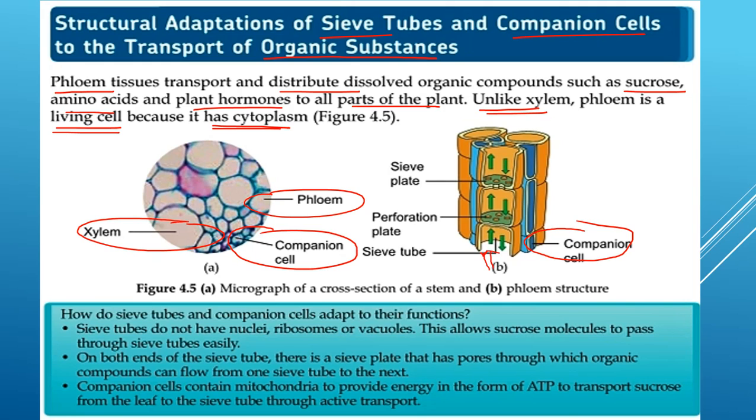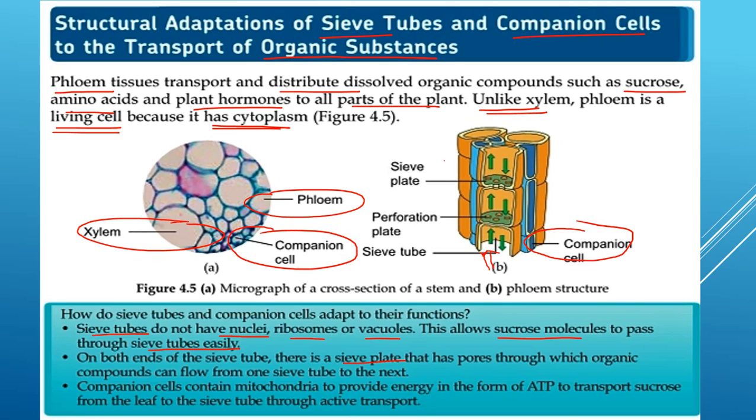So how do sieve tubes and companion cells adapt to their functions? Sieve tubes dia tidak mempunyai nukleus, ribosom dan juga vacuoles. So ini akan menyebabkan sucrose molecule senang to pass through the sieve tubes easily. On both ends of the sieve tubes dia ada sieve plate.